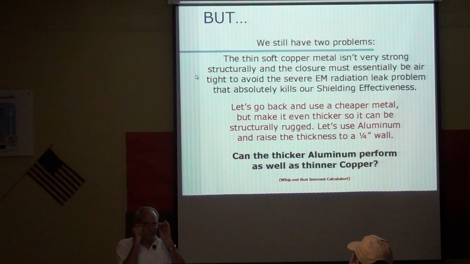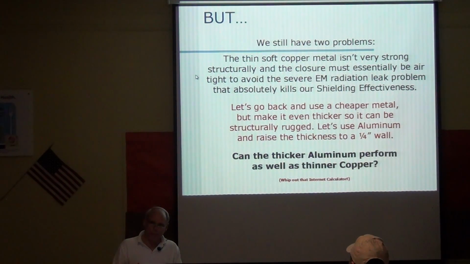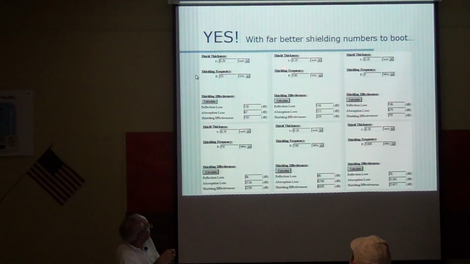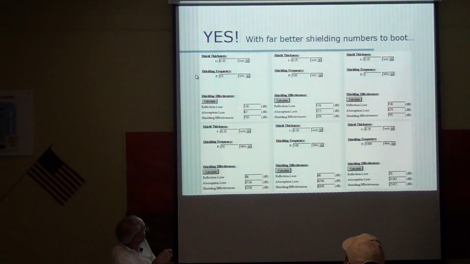So the idea, let's go back and run this calculation with a cheaper metal, but something that's going to be structurally rugged. So let's pick aluminum and raise the thickness to 1/4 of an inch of a wall. So the question is, can a thicker aluminum situation work as well as thinner copper? What we're finding out, if we go to 1/4 of an inch of aluminum, then for the same frequencies, we find out that our reflection losses and absorption losses shoot through the roof.